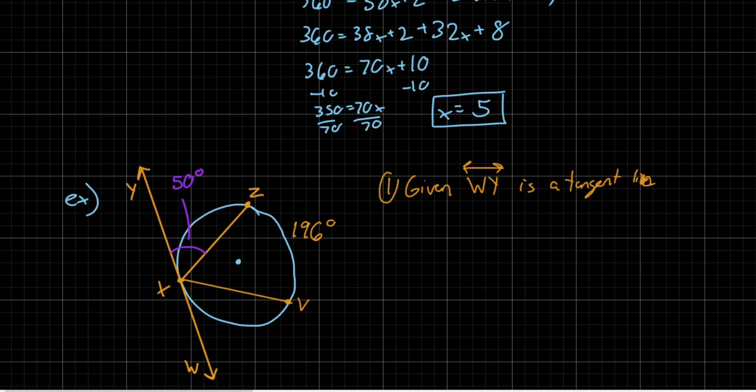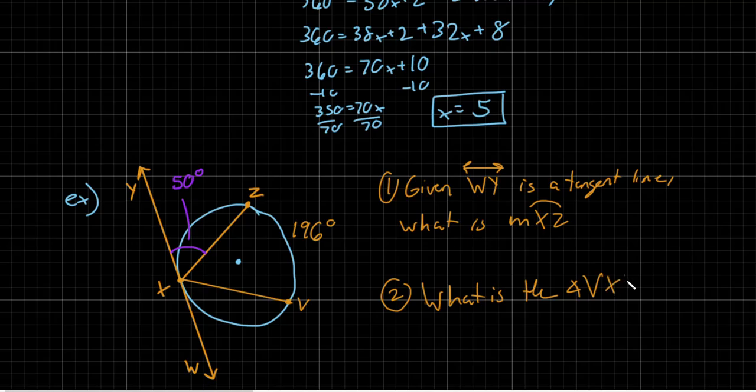What is the measurement of XZ? There's your easy one for you, Klein. Number 1 is easy. What is the measurement of the arc XZ? And then I want you to find the angle of VXW. 1 and 2. Try them out.